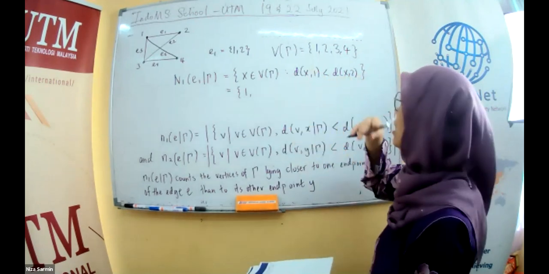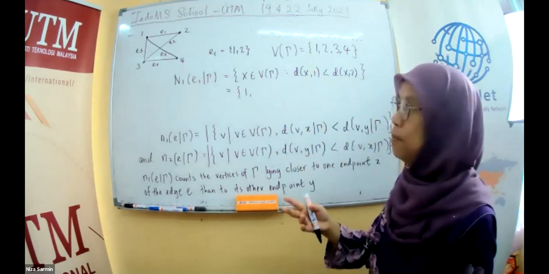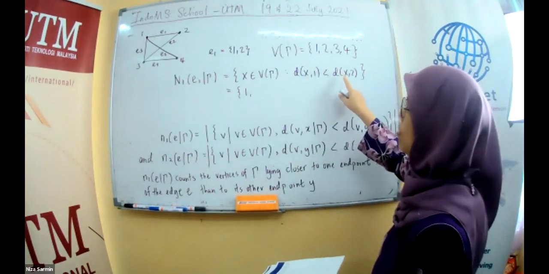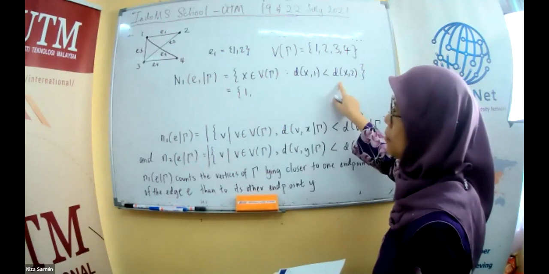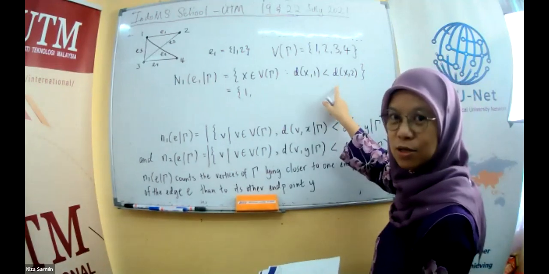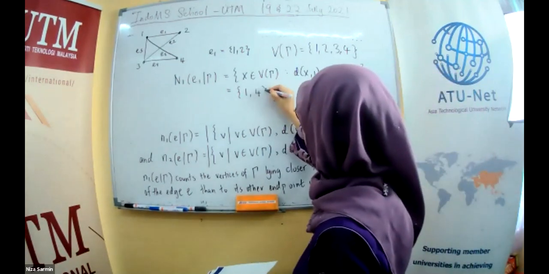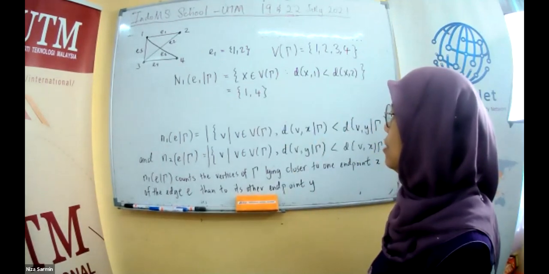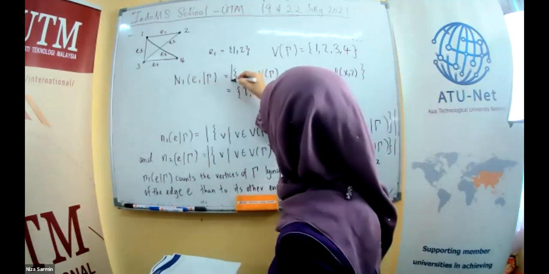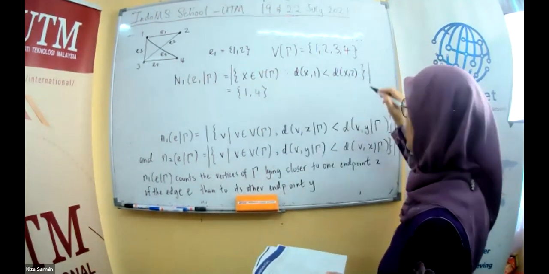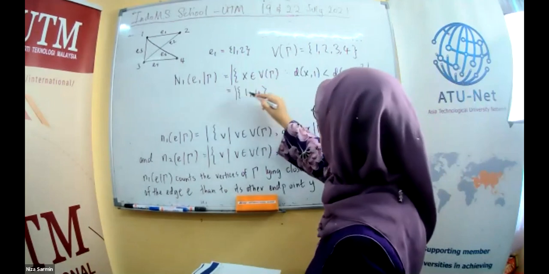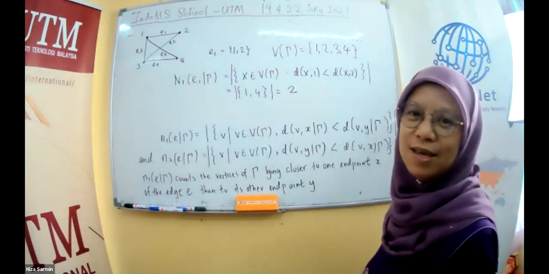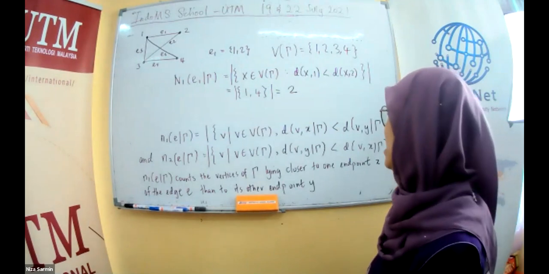Next one is 4. The distance from 4 to 1 is 1, from 4 to 2 is 2. 1 is less than 2, so yes. The order is equal to 2.